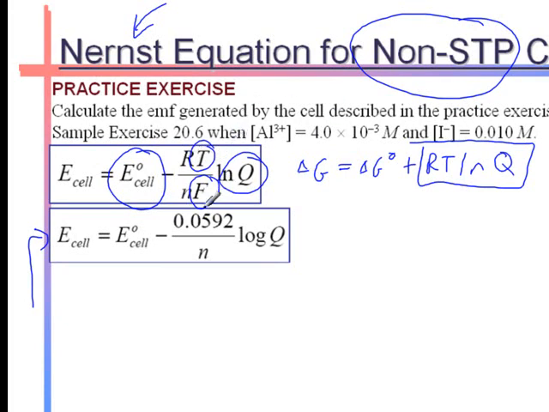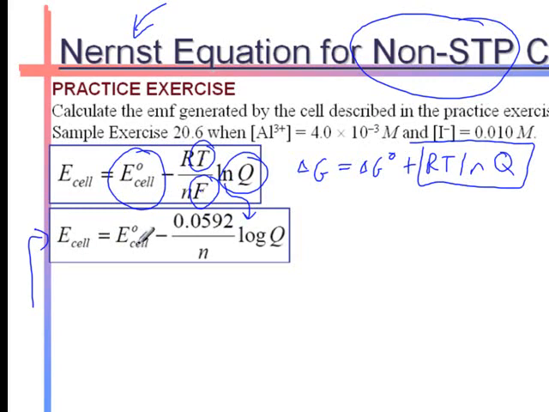And if you look at this expression now, R is a constant, T is 298, Faraday's constant, so all of these constants can be reduced to a single number, and then there is a change from the natural log to the log base 10. So there's a modification that way that varies that number also.